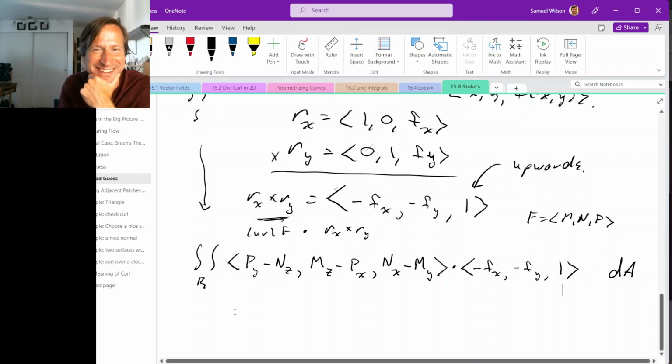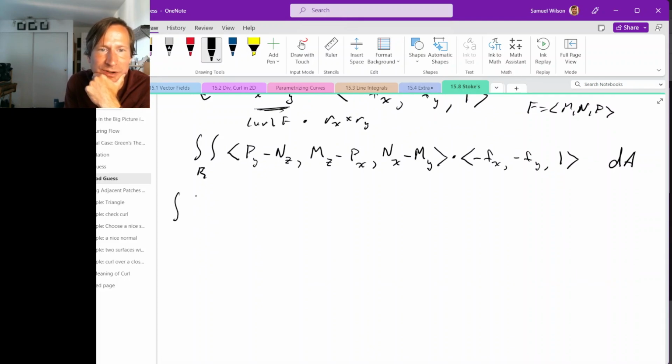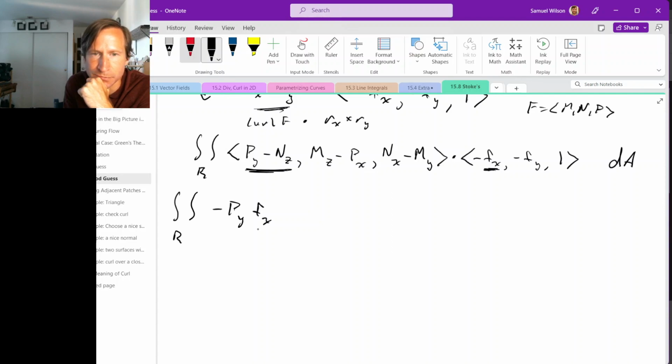All right, so let's write this out. This is the integral over R of, when I do this dot product, I'm going to distribute this piece over this difference. So I get minus P sub y f sub x, plus, because I have a minus minus, N sub z f sub x.